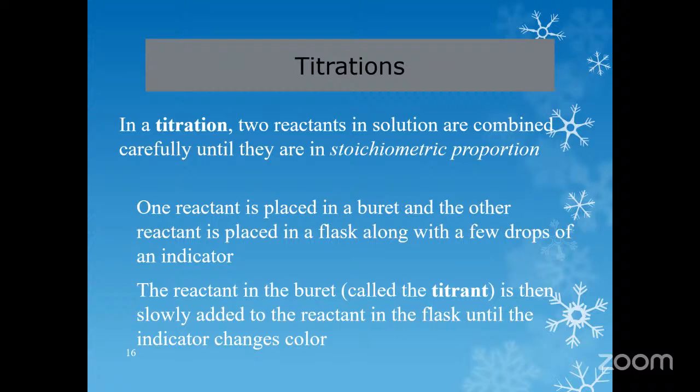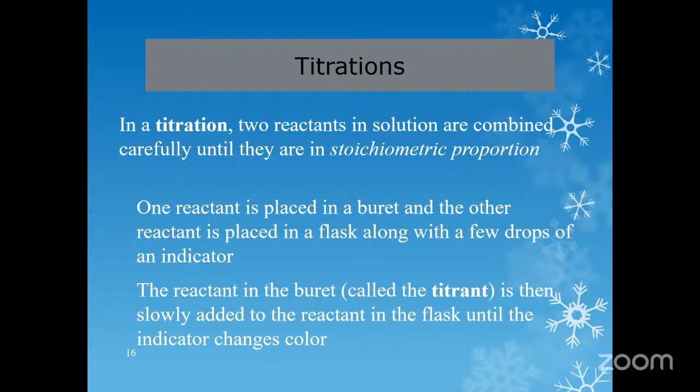The indicator that you'll be using in this experiment is one known as phenolphthalein, which is colorless in acid and pink in base, right? So if your acid solution is in the flask to begin with, and you add 2 drops of your indicator, there will be no color change, right? Because that's the color of the indicator in an acid environment. But when you start adding your base, then what will happen eventually is that you're going to see a pink color appear and then disappear upon swirling, and appear and then disappear upon swirling when you add more.